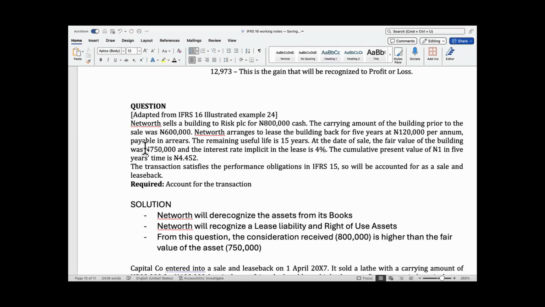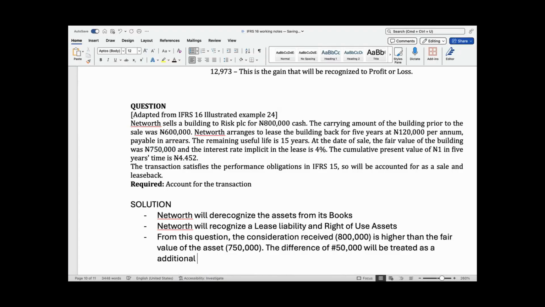This 750 here. The difference of 50,000 will be treated as a loan. Let me call it additional loan.